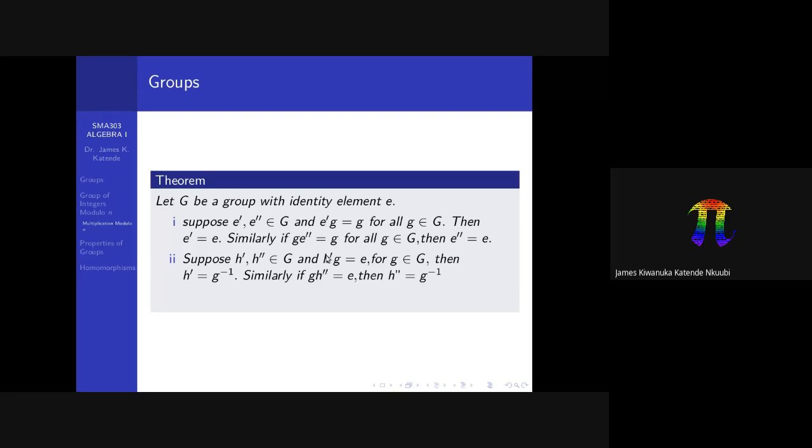That is on the left. The same is true if anything behaves like the inverse on the right. So if GH double prime is equal to E, then it must be equal to the inverse.